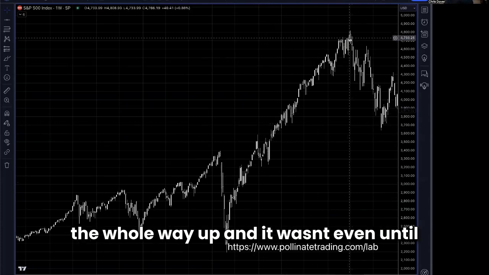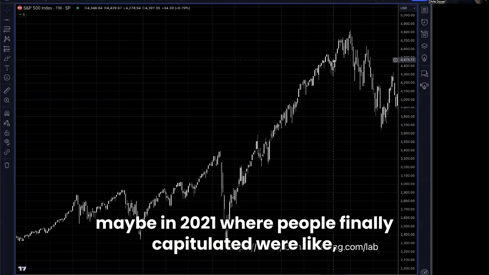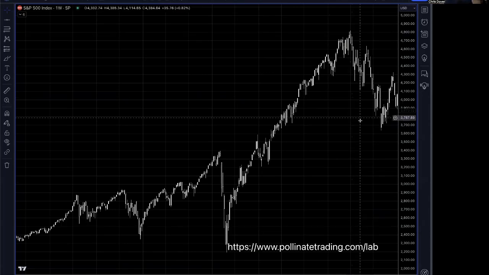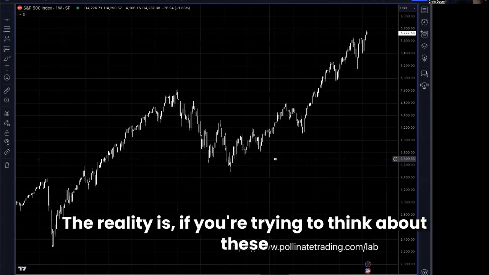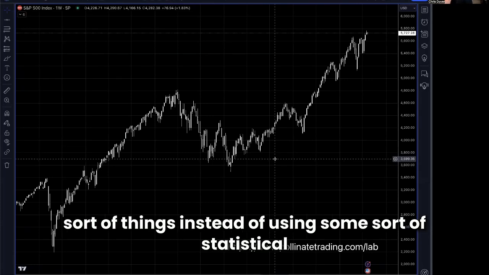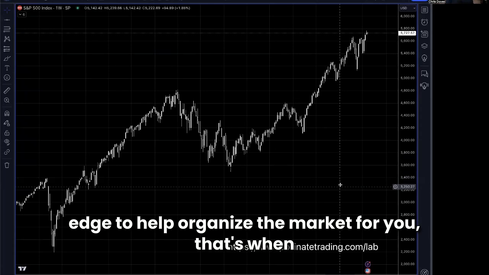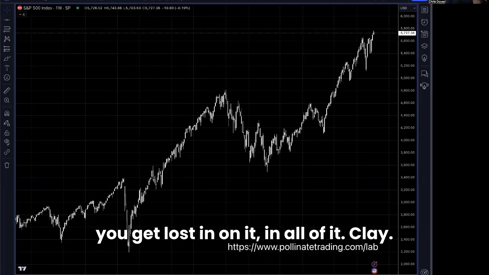And it wasn't even until maybe 2021 where people finally capitulated, like, okay, the market's going higher, which is the top. The reality is, if you're trying to think about these sorts of things instead of using some sort of statistical edge to help organize the market for you, that's when you get lost in all of it.